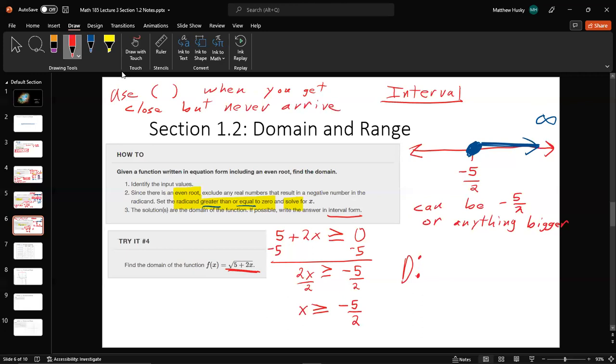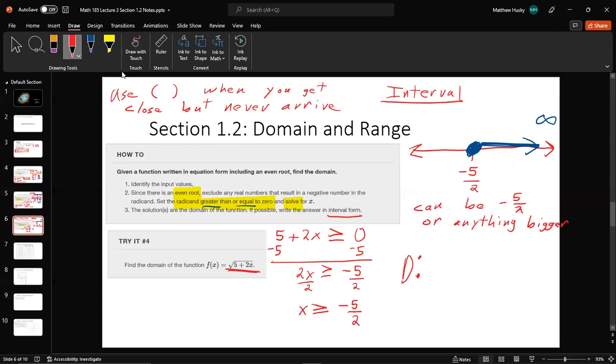Like last time, it was 0.5. We could get really close to 1/2, but we couldn't actually equal 1/2. And a fun fact about infinity: you always use a parenthesis with infinity and negative infinity because infinity is not a legit number. You can never actually get there. You can't equal infinity.